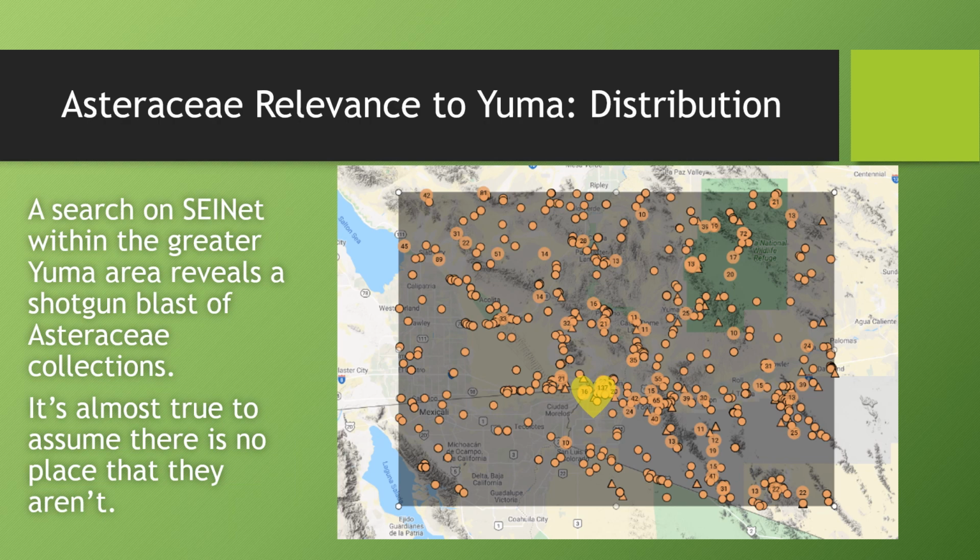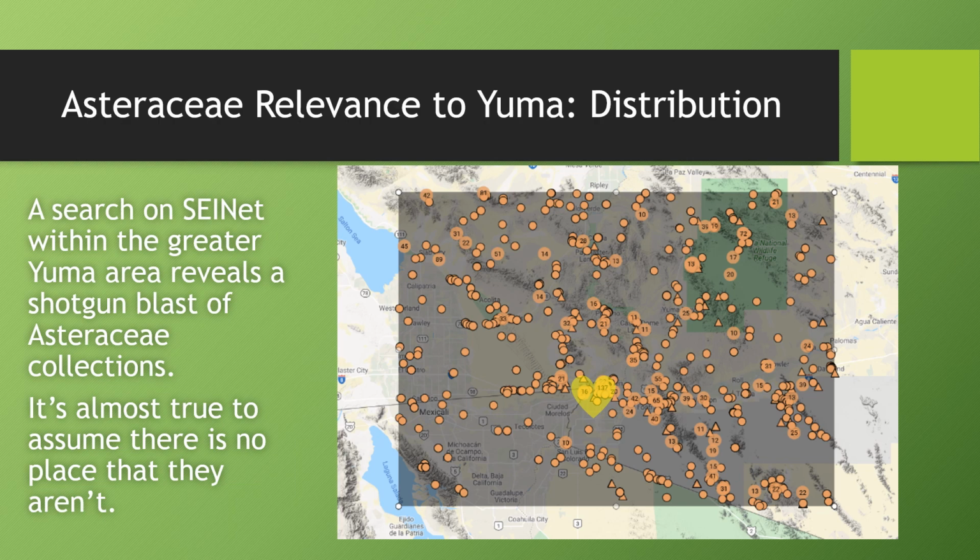All right, so what is its relevance to the Yuma area? Well, this from SciNet is a map of the greater Yuma area, where you see the yellow heart is about where Yuma is. You can see that this is just a shotgun blast of collections.